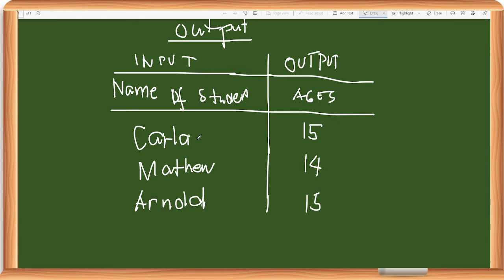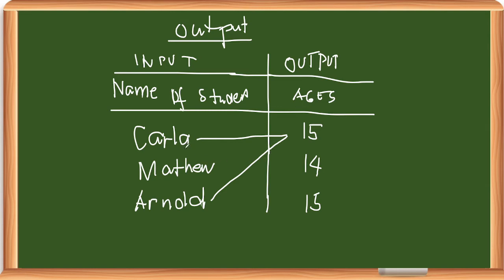So as you see, Carla and Arnold are of the same age, and Matthew is 14 years old. So actually for the two inputs, there can be one output, one and only one output.